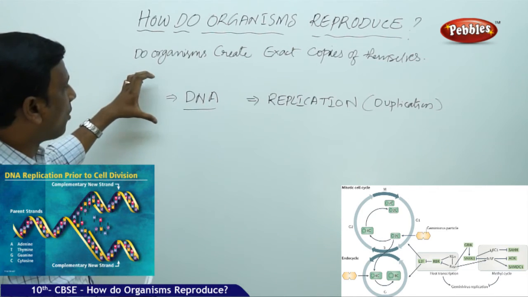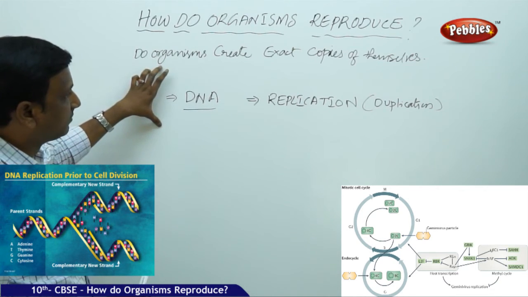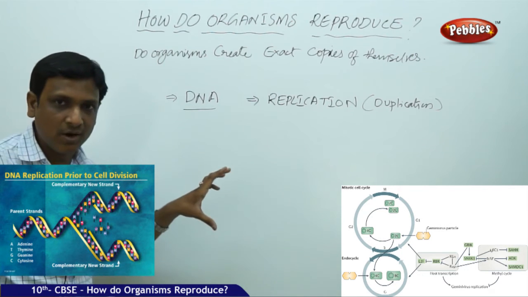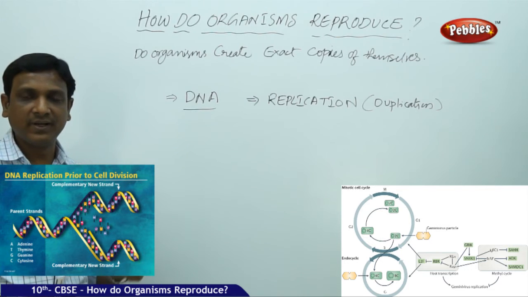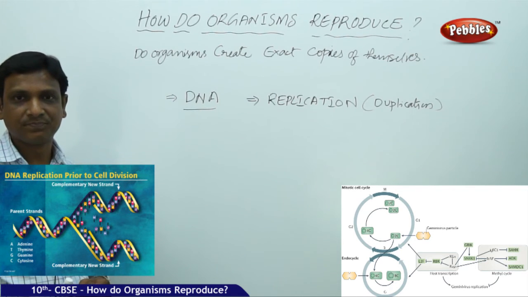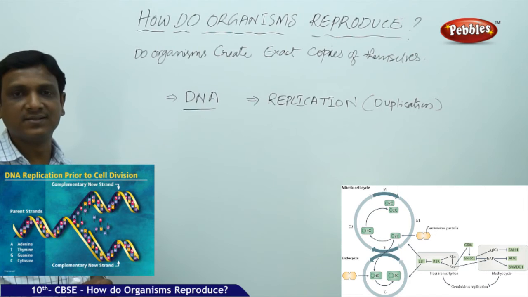And one more important point we have to notice: organisms cannot produce exactly identical copies because in the process of reproduction, two different organisms are involved.